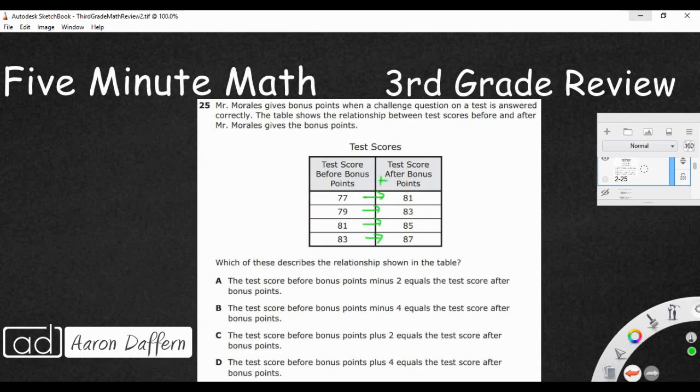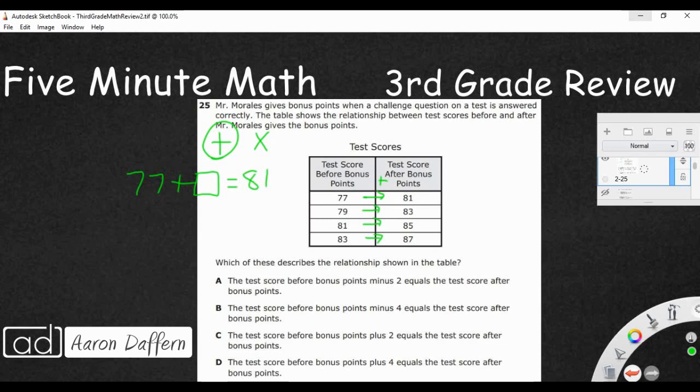And so the 2 options we have for increasing are going to be addition or multiplication. And these are pretty large numbers and not growing very much. So I'm going to think it's addition. So we need to think 77 plus what number? What's the bonus points? Get you your score on the test after the bonus points. Now, if we don't know from 77, we can count on.